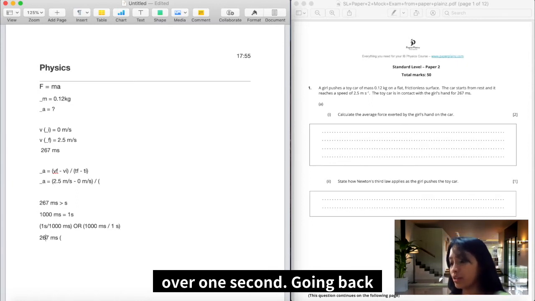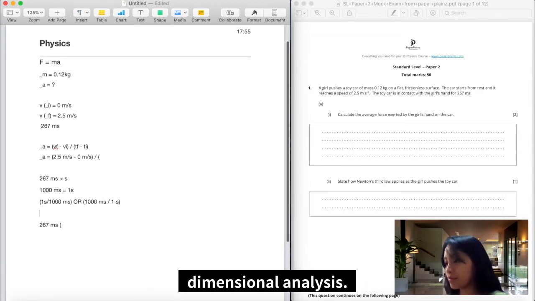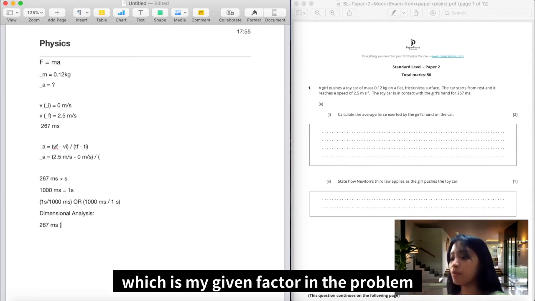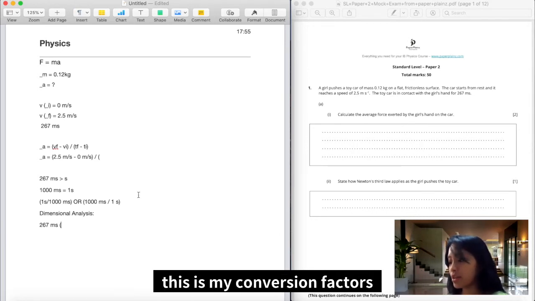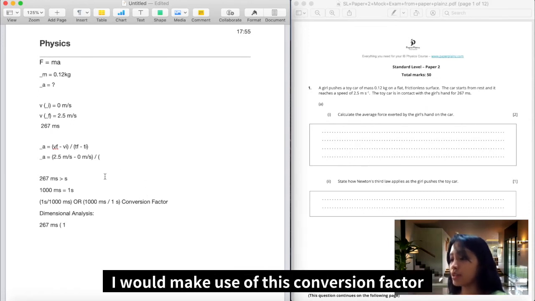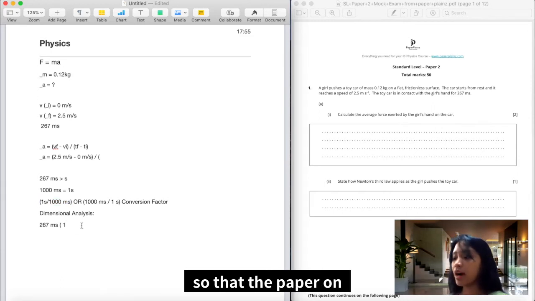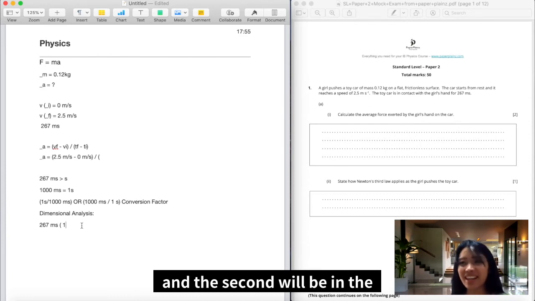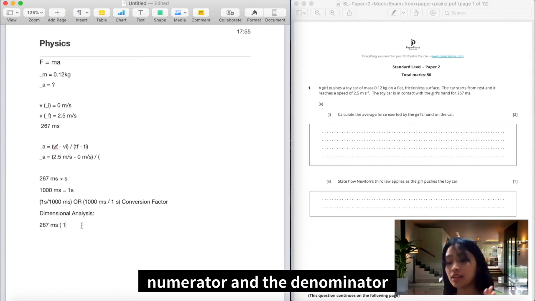Okay, so going back to my conversion here, dimensional analysis. I multiply 267 milliseconds, which is my given in the problem, by my conversion factor. Since 267 milliseconds is in my numerator, I would make use of this conversion factor so that the seconds would be in the numerator and the milliseconds in the denominator.